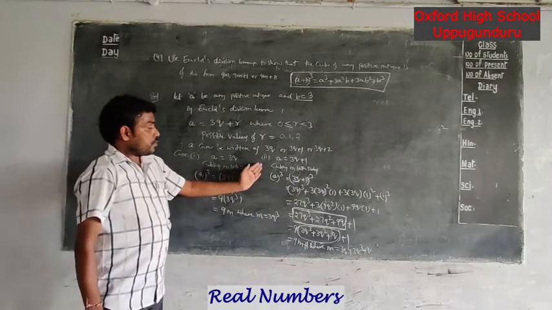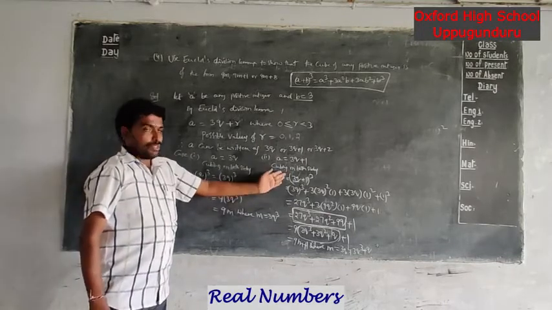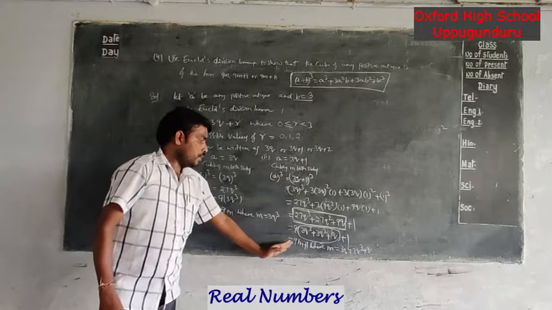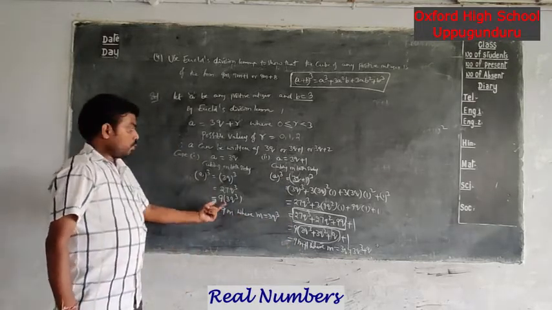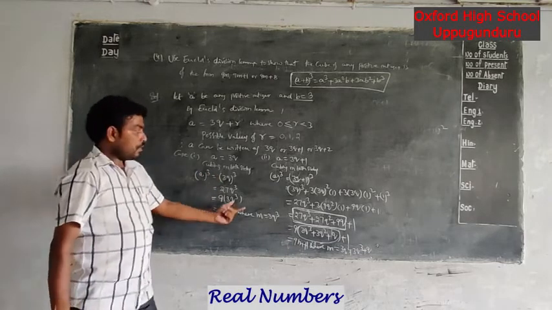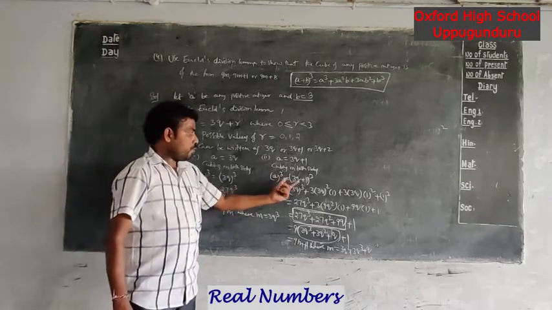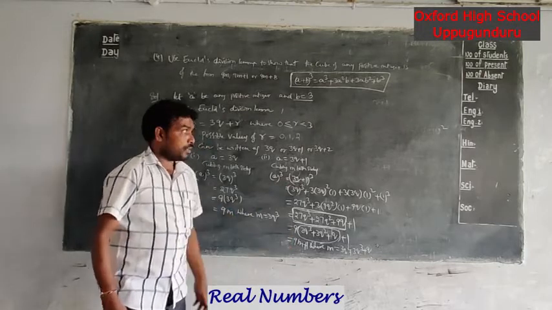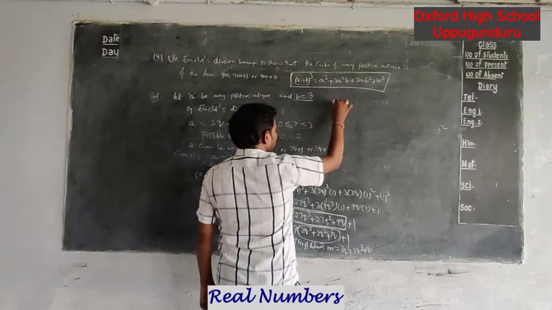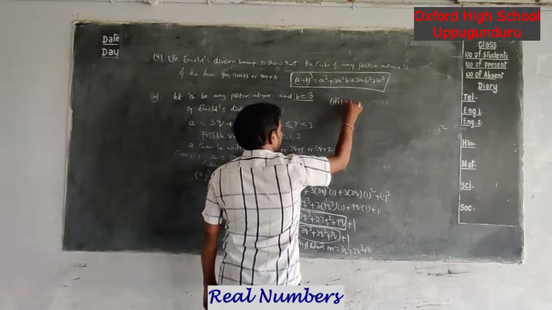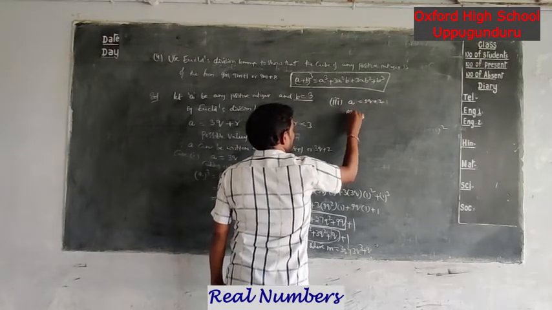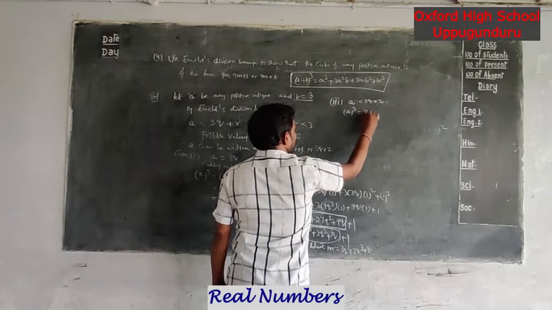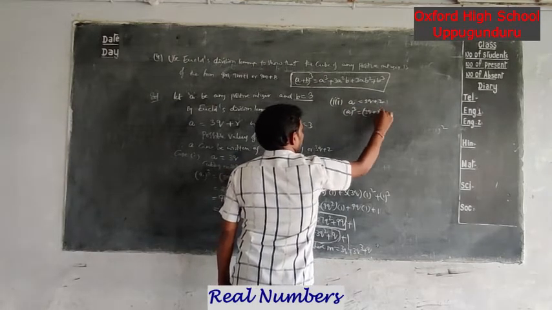Now in second case also, we are proving cube of positive integer a as 9m plus 1. In first case we proved cube of positive integer a as 9m. In second case we proved cube of positive integer a as 9m plus 1. Similarly, now we have to prove the third case. Third case, when a equal to 3q plus 2, cubing on both sides, a cube equal to 3q plus 2 whole cube.